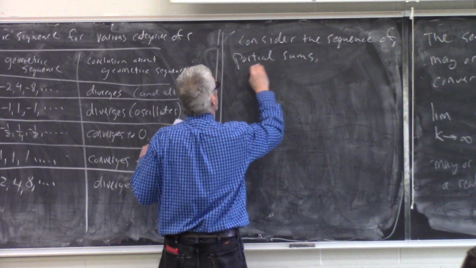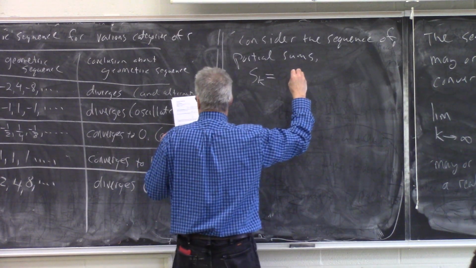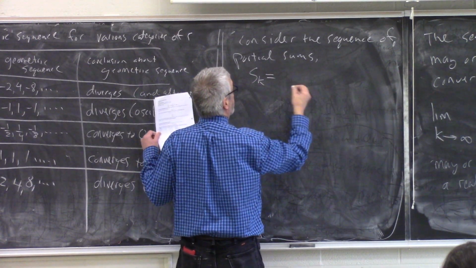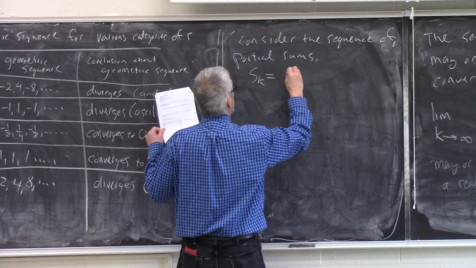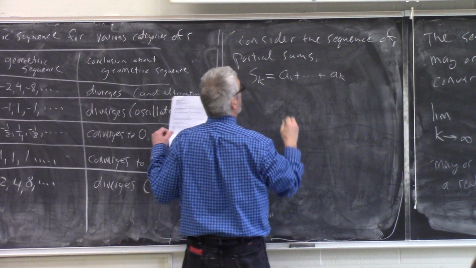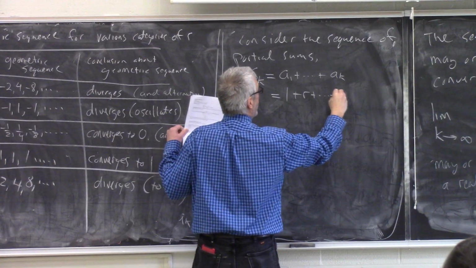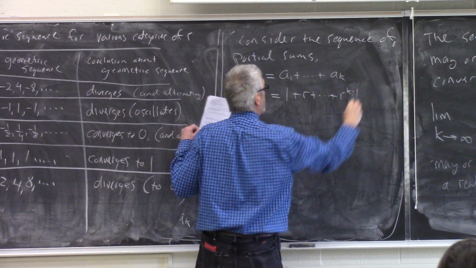SK is this. We add up the first K terms, A1 to AK, but for the geometric sequence, that means that we do 1 plus R plus, and we end with R to the K minus 1.